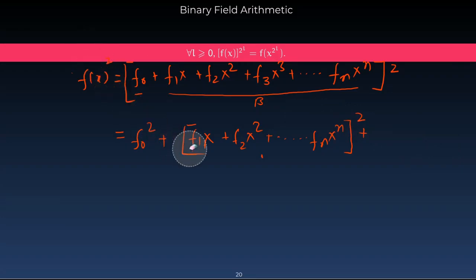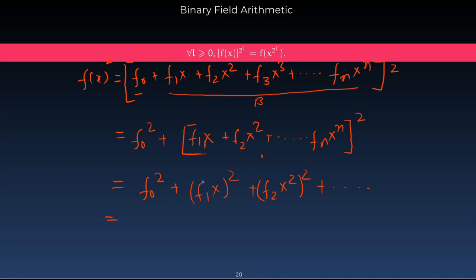So this square simply becomes this, and in a similar manner we can expand it further. Along the same line, our answer is going to be f0 square plus (f1 x) whole square plus (f2 x square) whole square, so on and so forth.